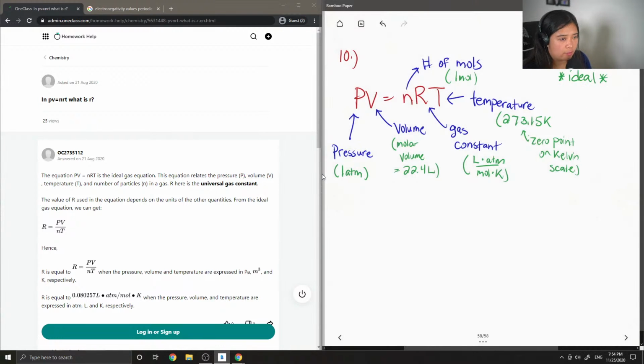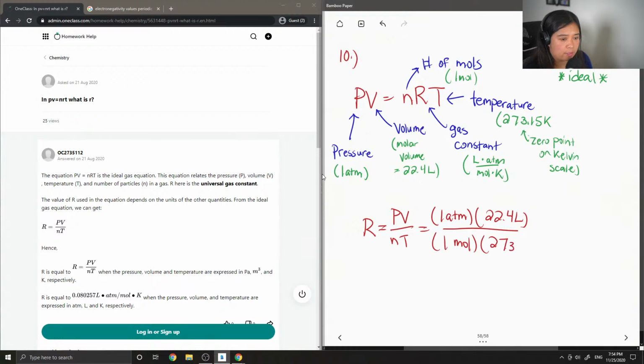Okay, so now we're going to solve for R, which is our gas constant. So just rearranging the equation, R equals PV over nT, where pressure is 1 atm, the volume will be 22.4 liters, number of moles will be 1, and the temperature is the 0 point on the Kelvin scale.